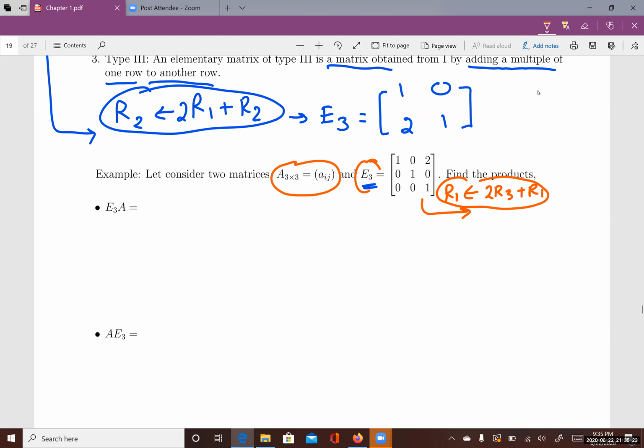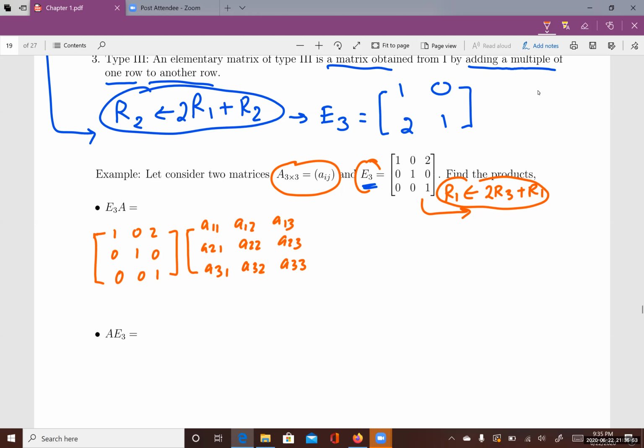If I call A by its entries Aij, then I want to do the matrix multiplication of E3, which is 1 0 2, 0 1 0, 0 0 1, with A, which is A11, A12, A13, A21, A22, A23, A31, A32, A33.